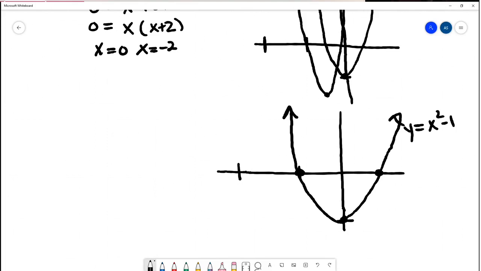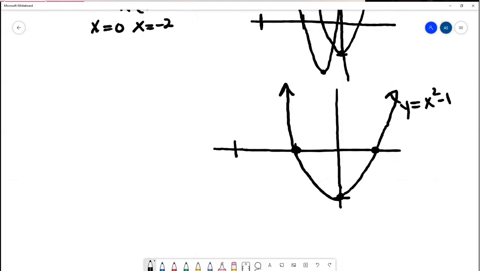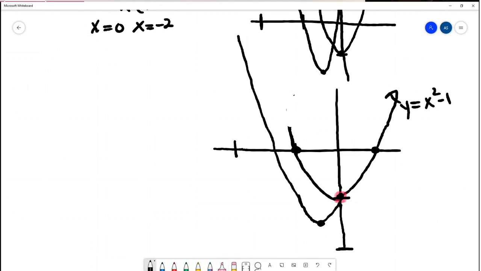The other one will have that vertex at -1/2, -3/2, so somewhere around here. It intersects at 0. So at 0, it'll intersect with this point right here, 0, -1. And I'll try to be symmetric onto the other side. And my other intersection will happen at -2. I'm not sure what that y value is right now.